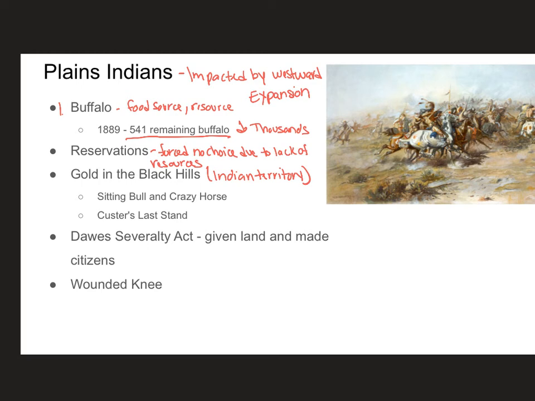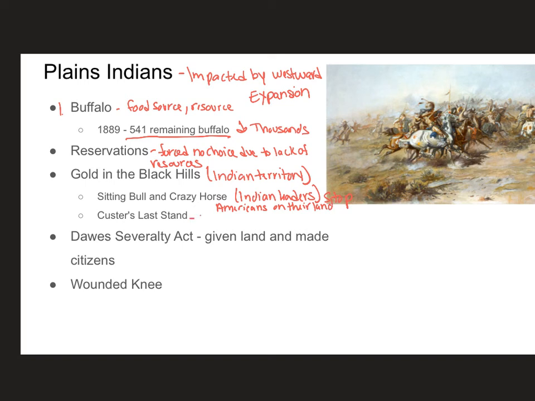So Sitting Bull and Crazy Horse were two Indian leaders who tried to stop Americans on their territory or on their land, which led us to Custer's Last Stand.